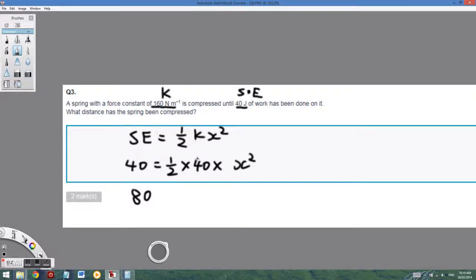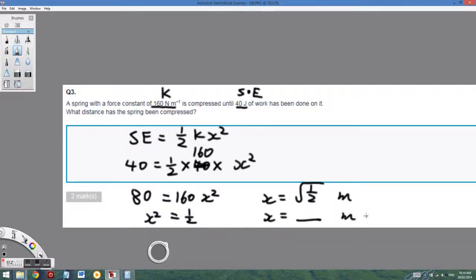Sorry, I made a mistake, give me a second. My x will be the square root of half, in meters. Use your calculator.